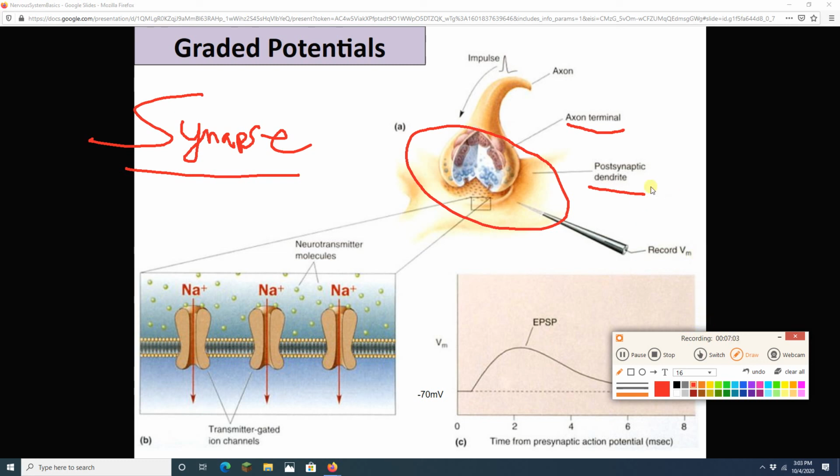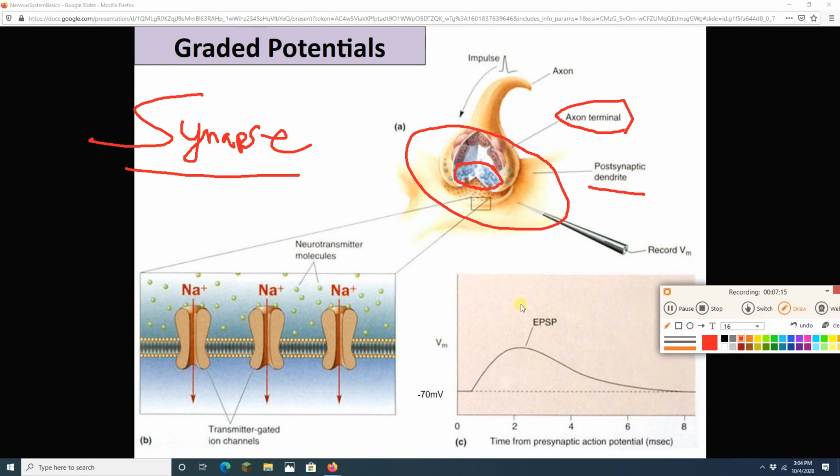And what's going to happen here is this axon terminal is going to release its neurotransmitters. The neurotransmitter molecules, now that we're zooming in on this rectangle, are going to bind to these sodium channels.